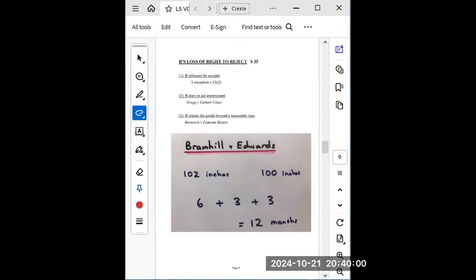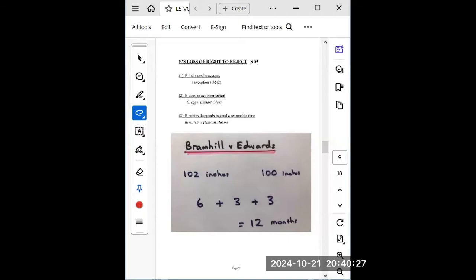So if the buyer has previously examined the goods, the buyer can agree to waive any further examination when the seller delivers the goods. Remember the common law incorporation rules. Buyer must agree to waive further examination either before or at the time the contract is made.